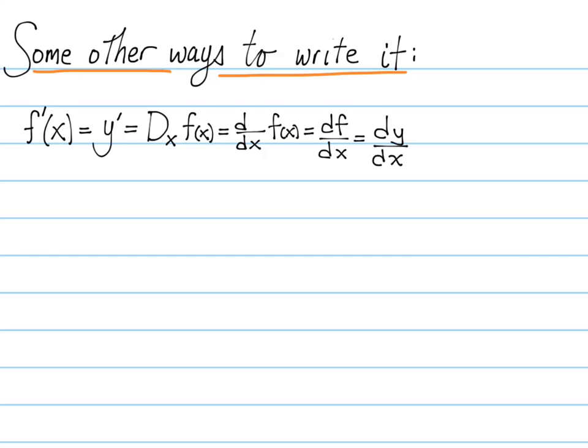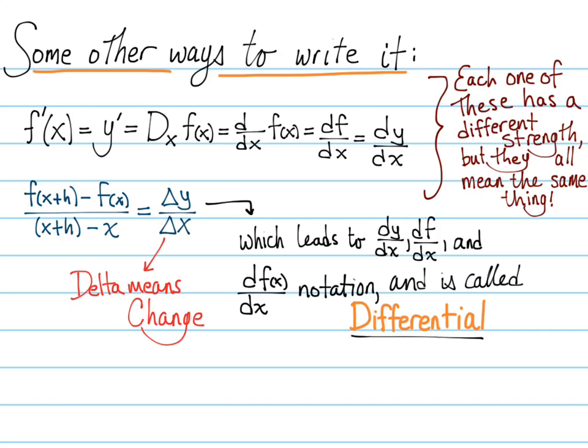So we would write something like d sub x of f of x. We could also write d dx of f of x, where d dx stands for the fraction you see there, d over dx. We can also put the f up top and write df dx or dy dx. And all of these are going to be used for different reasons. But the most important thing is to know that they all mean the derivative of f of x.